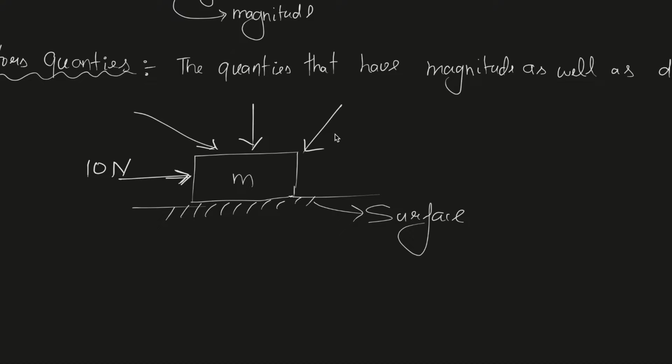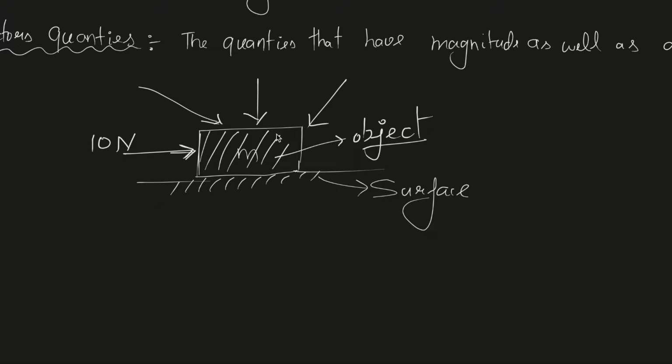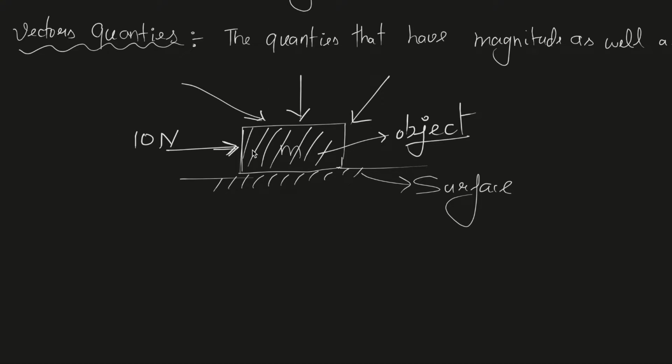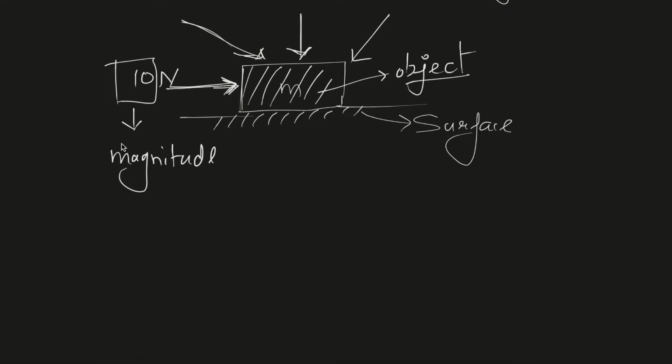You have to specify the direction for the force because the motion of the block, this object, is going to be decided by where we are applying the force. So this is the magnitude, and this is the direction I am specifying, where I am applying the force. Basically these are known as vector quantities.